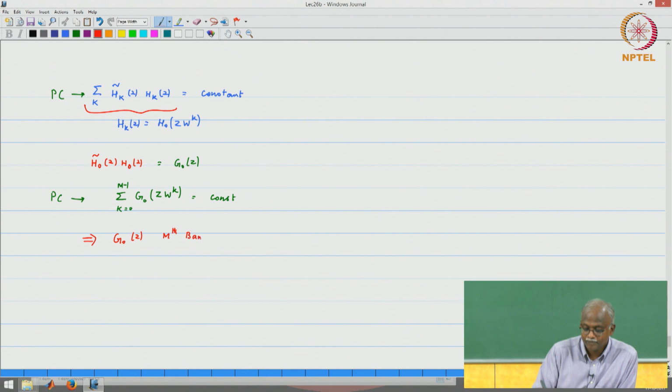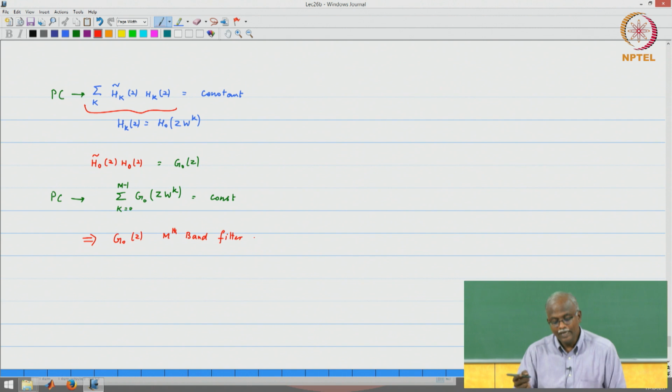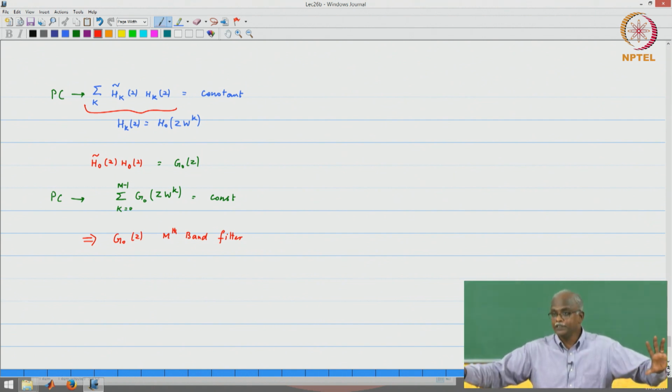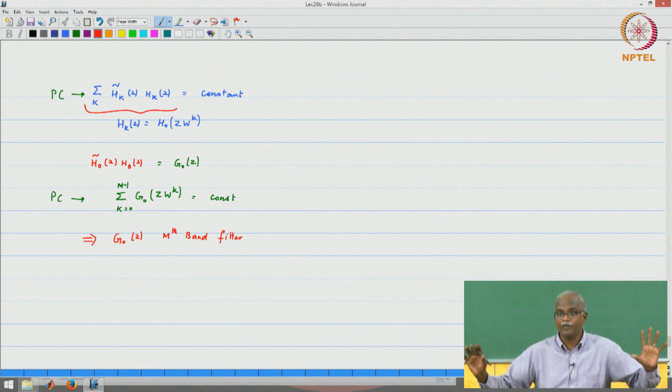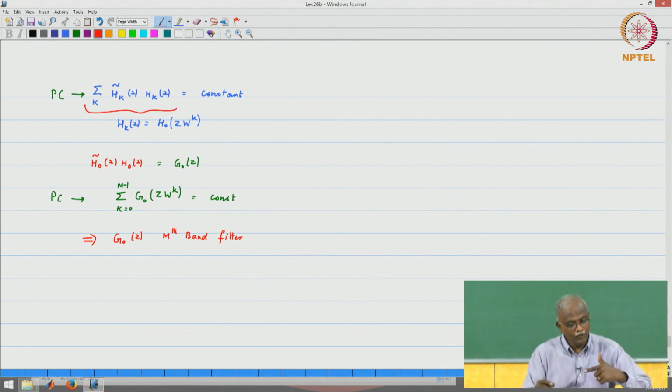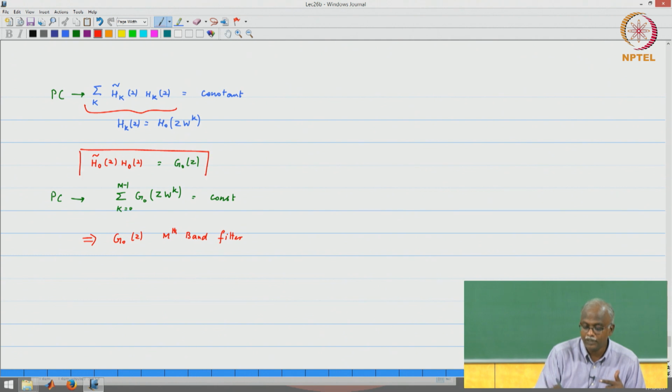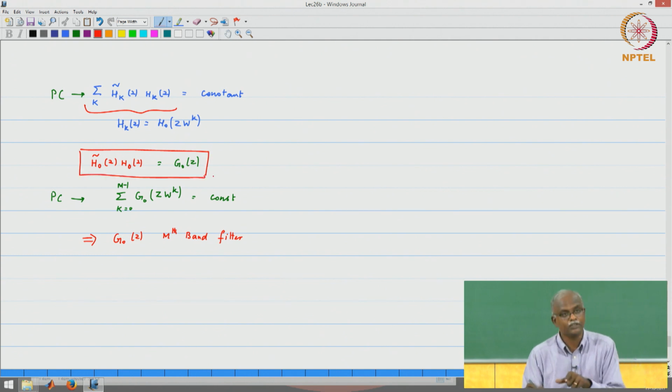Okay. Now, how do you get a power complementary set of M functions? Trivial. You design an mth band filter. So, G0 equal to H0 tilde H0.